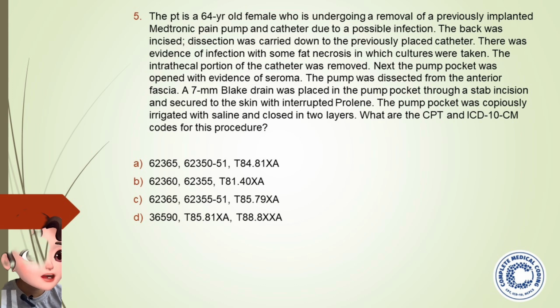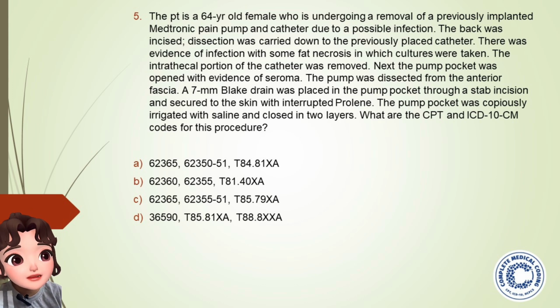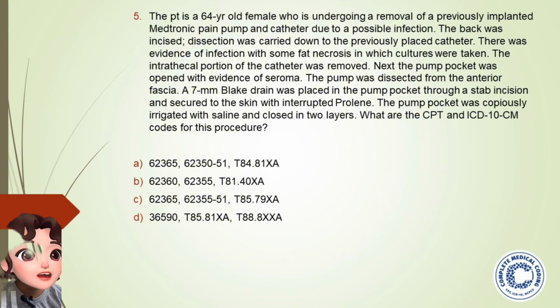Next, the pump pocket was opened with evidence of seroma. The pump was dissected. The pump pocket was copiously irrigated with saline and closed in 2 layers. And then the implant removal, which is mentioned in the first sentence, removal of a previously implanted pump, that also we have to mention, 62355 with modifier 51, because it's a multiple procedure.